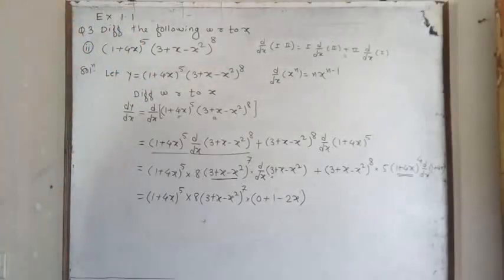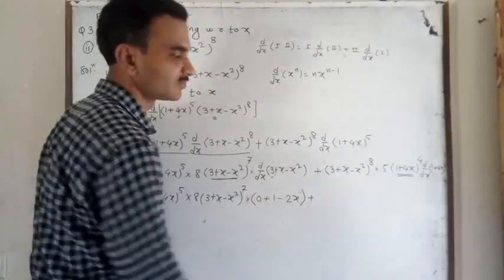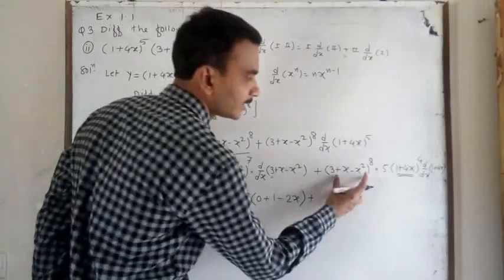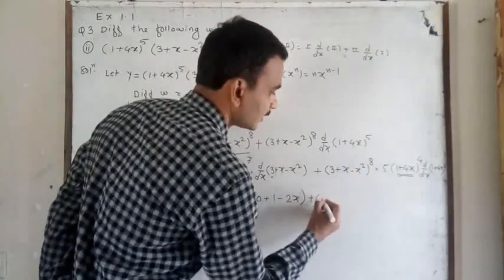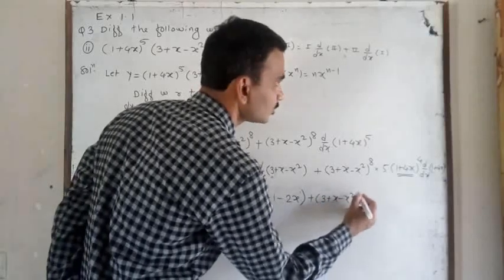After that, put a plus sign and write this term as it is, 3 plus x minus x square raised to the power 8.